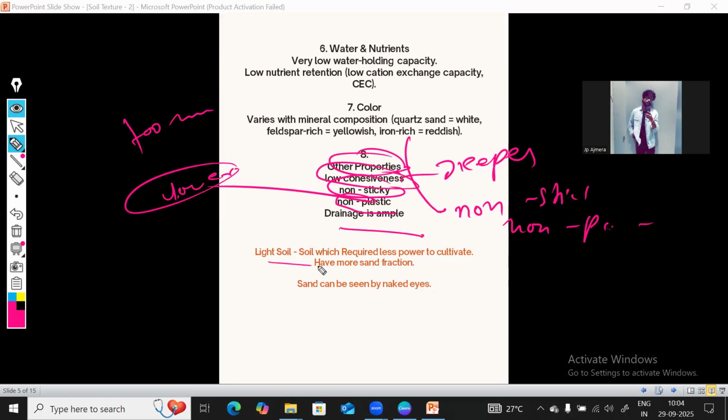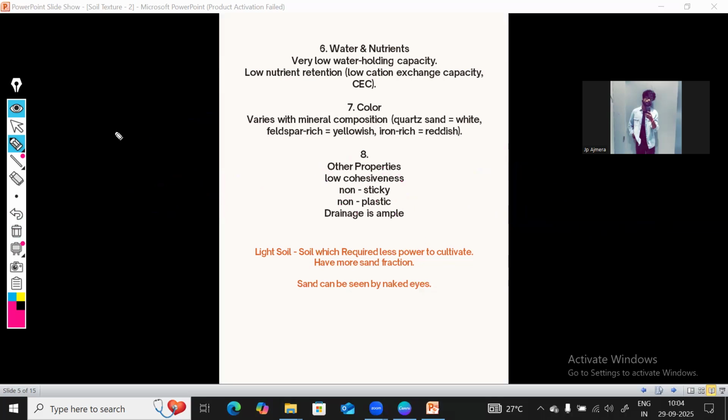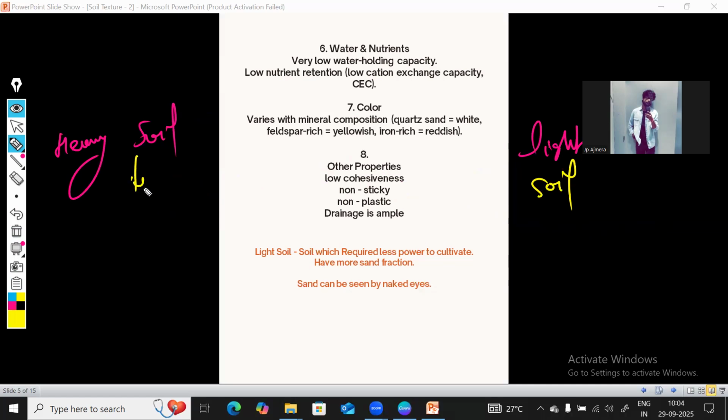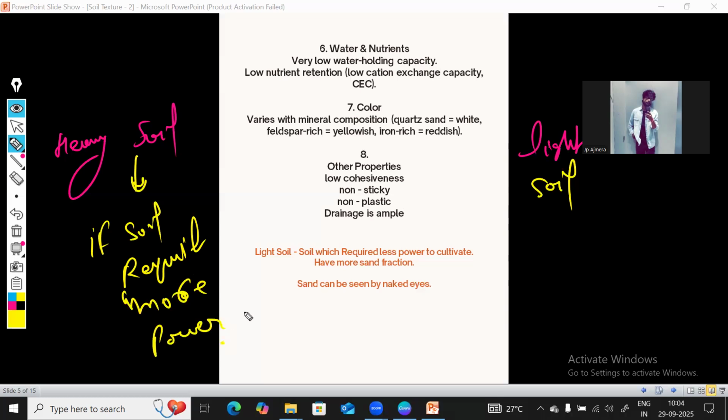Now, an interesting concept: there are heavy soils and there are light soils. Heavy soil is soil that requires high energy to cultivate, more power to cultivate.